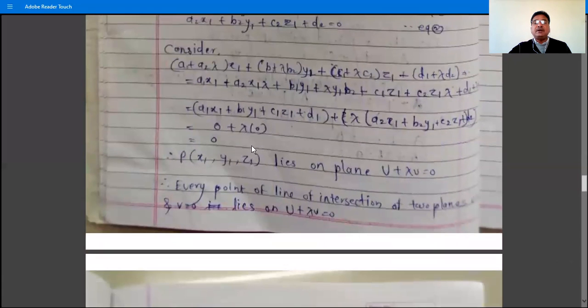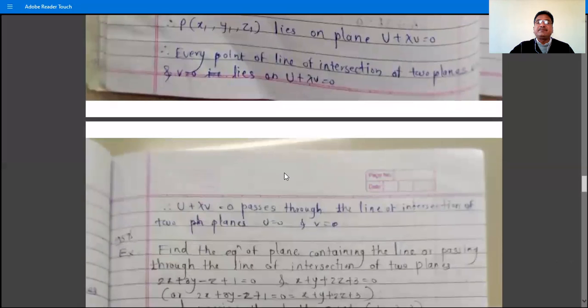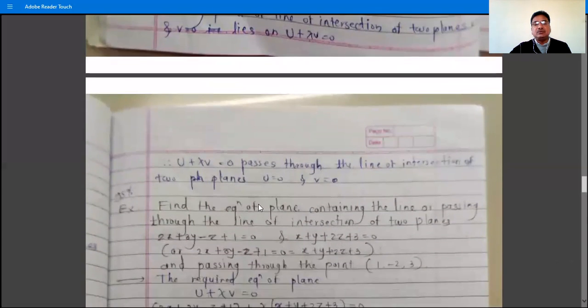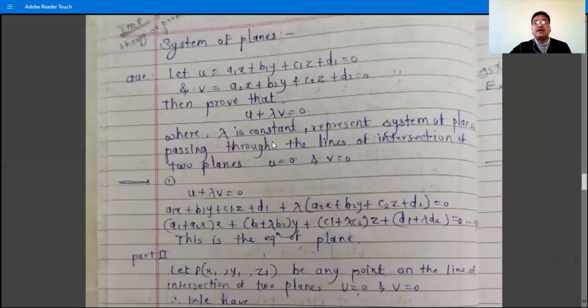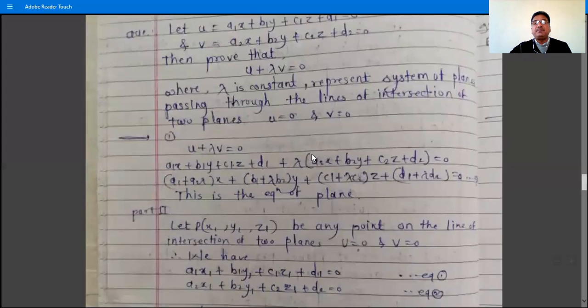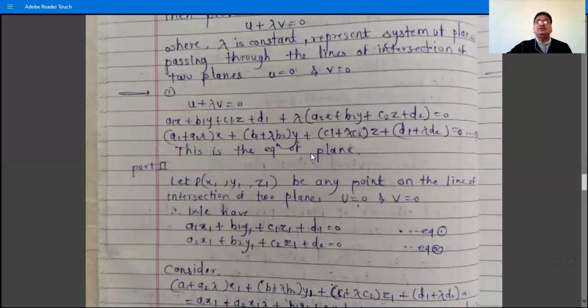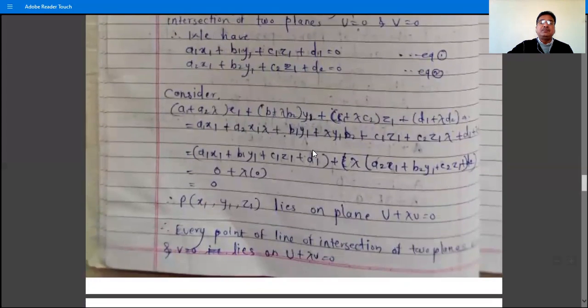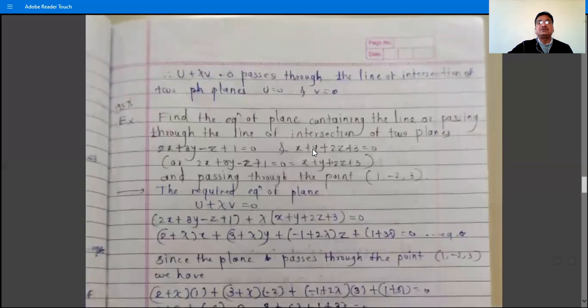As this point lies on the plane U + lambda V = 0, every point of the line of intersection lies on the plane, and that's why U + lambda V = 0 passes through the line of intersection of these two planes. So we say that U + lambda V = 0 is the system of planes passing through the line of intersection of the two planes U = 0 and V = 0.